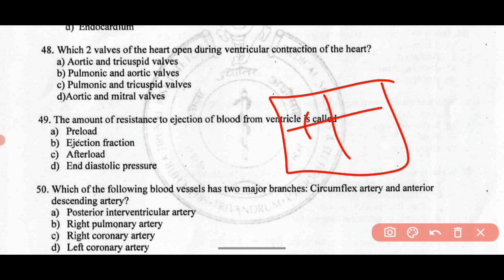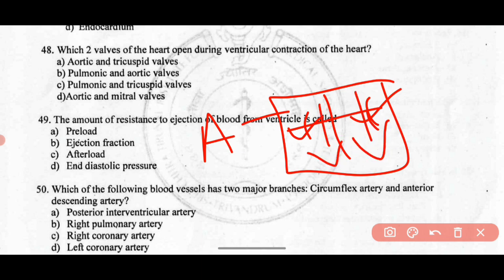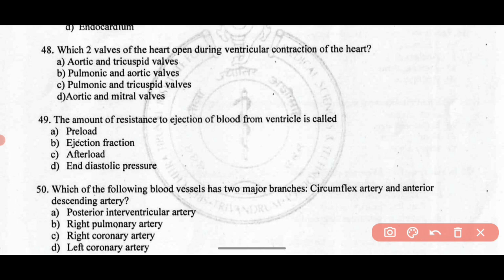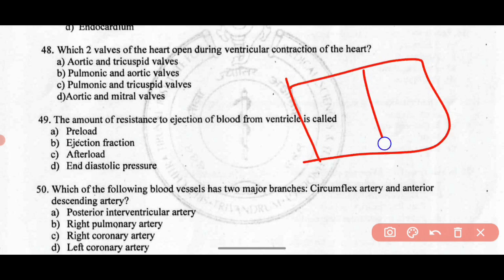Tricuspid and bicuspid valves are present here. During atrium contraction, these valves open and allow the blood to go to the ventricles. And when the ventricles are contracting, the tricuspid and bicuspid valves will close.